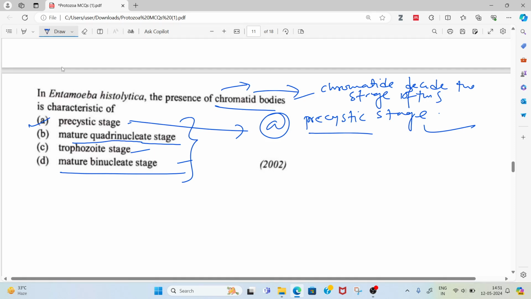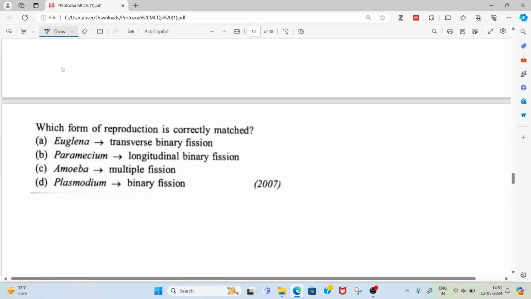The next question: which form of reproduction is correctly matched? Here 4 options are given. A, Euglena, transverse binary fission.